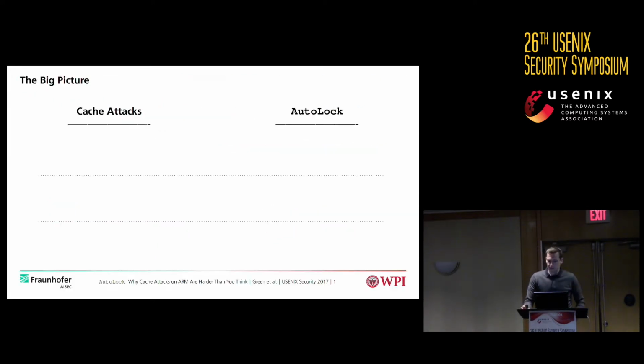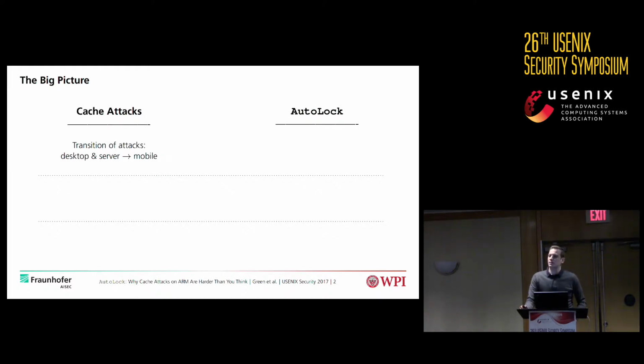So let's take a look at the big picture first. We saw that in the past 1 or 2 years, cache attacks transitioned from x86 processors to mostly ARM-based processors, and we know that these attacks are possible on these new processors.